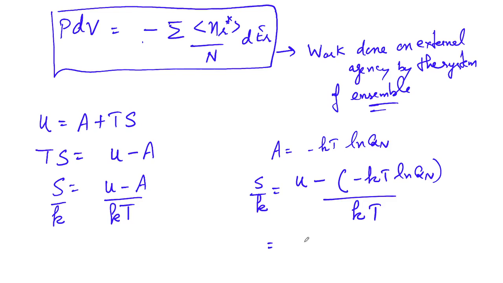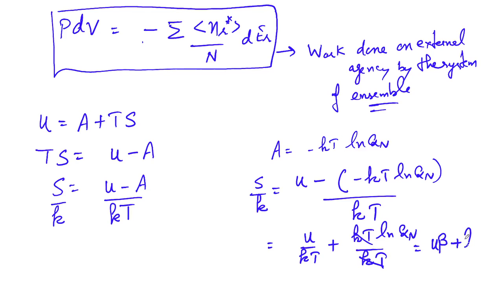This comes out to be U over kT plus kT log of Qn over kT. So this kT gets cancelled. What we get is U times beta plus log of Qn, that is equal to S over k, and from that you can rewrite this entropy equation.